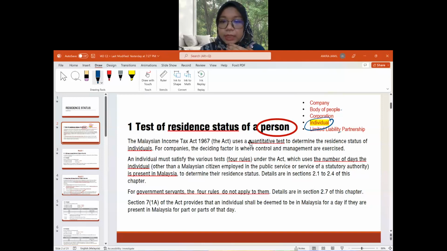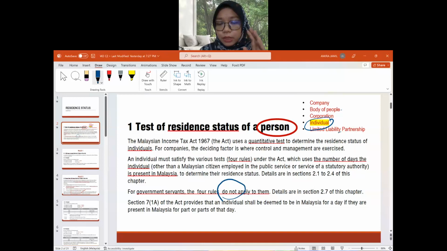But these 4 rules are only applicable to non-government servants. For government servants, the 4 rules do not apply to them. We have different rules for government servants.